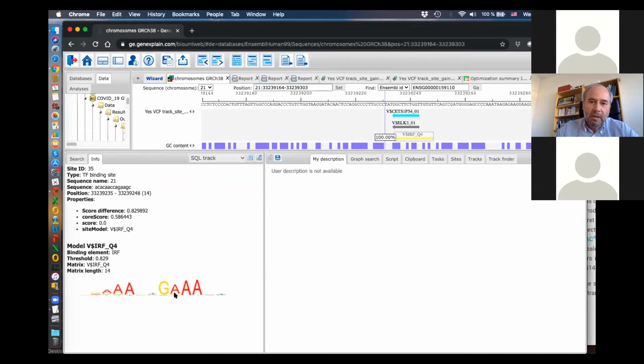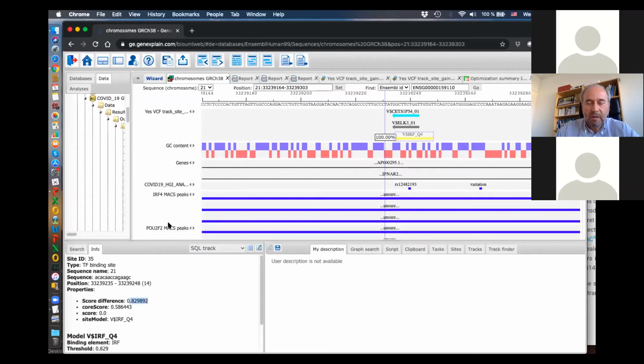So in the reference allele, there was A here, and obviously no IRF site, but as soon as it changes to G, it is a clear IRF site with a high score, and the score difference because of the change is 0.8. So it appears to be in a very conserved place in this site.